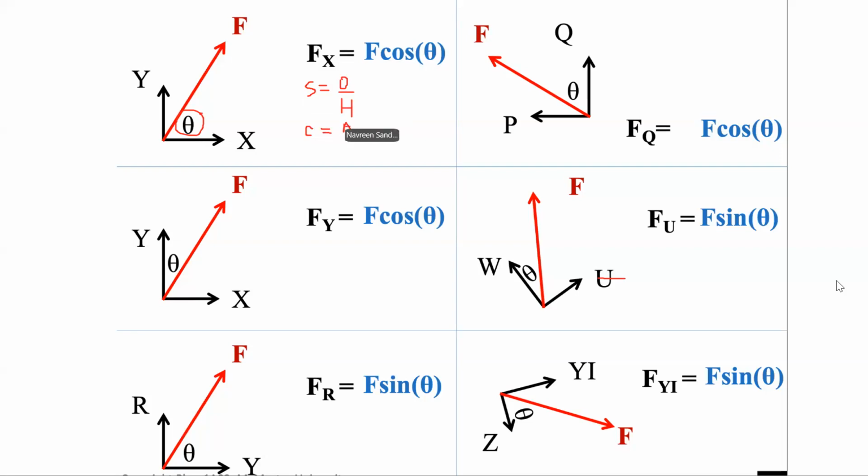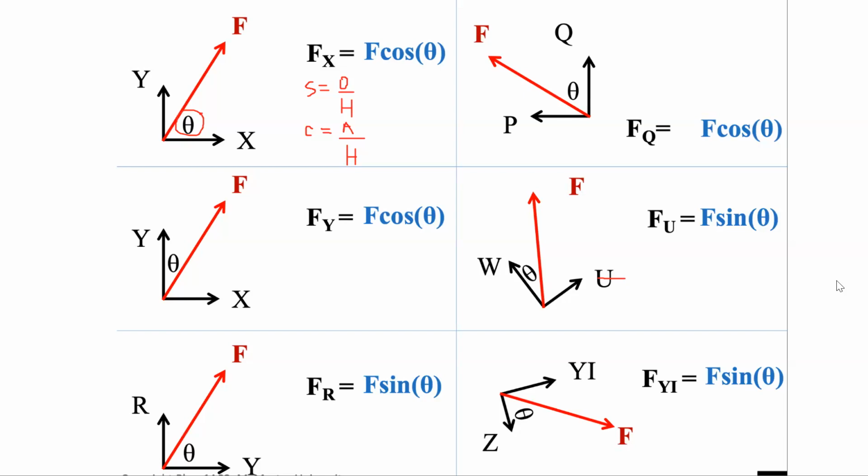So in this case, for the force vector, for this angle, what is the adjacent value? The adjacent value is the x component, so that's why we're using cos in this example.